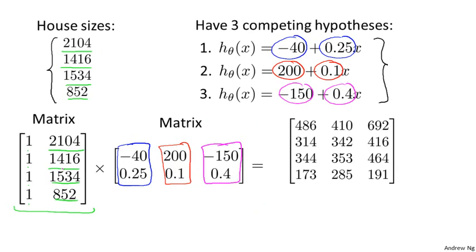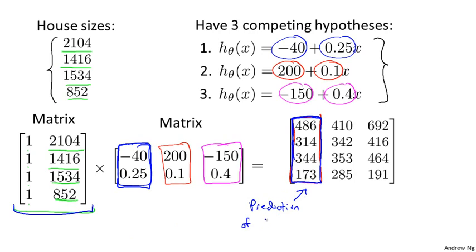And it turns out that if you multiply these two matrices, what you find is that this first column, let me draw that in blue. Well, how do you get this first column? Our procedure for matrix-matrix multiplication is, the way you get this first column is you take this matrix and you multiply it by this first column. And we saw in the previous video that this is exactly the predicted housing prices of the first hypothesis, right, of this first hypothesis here.